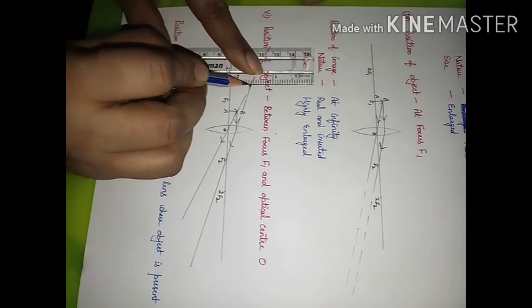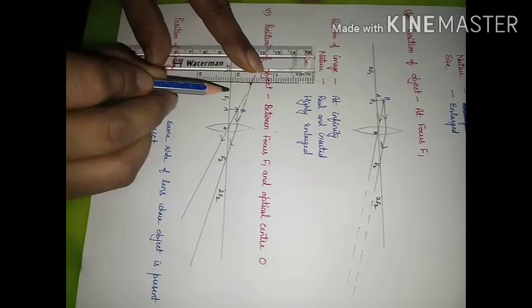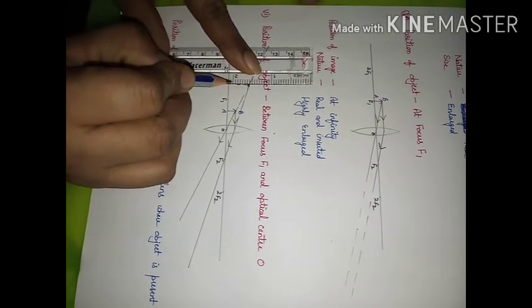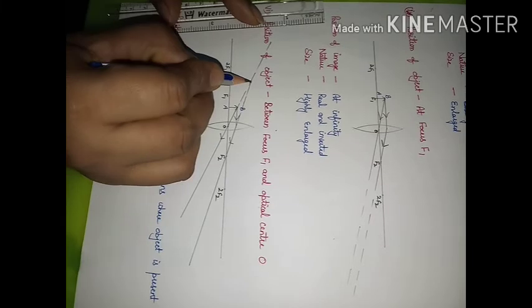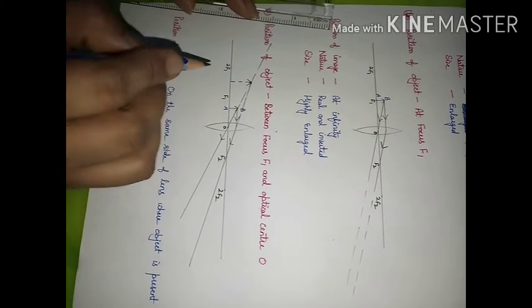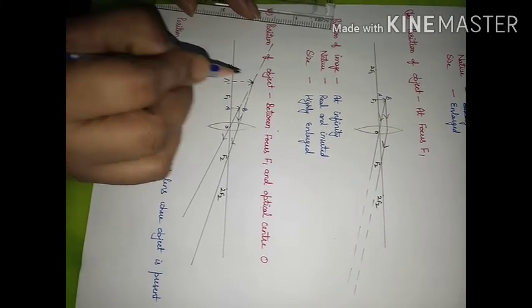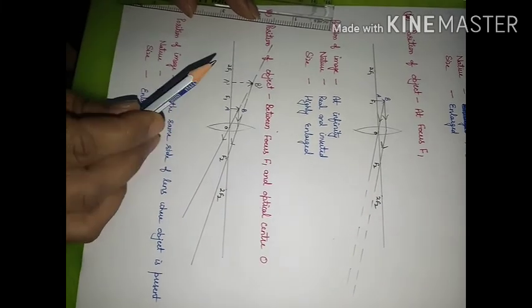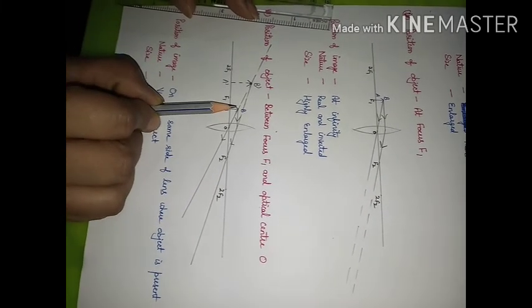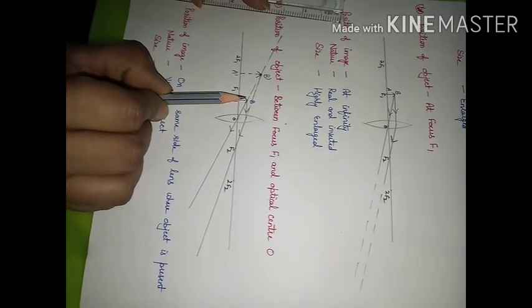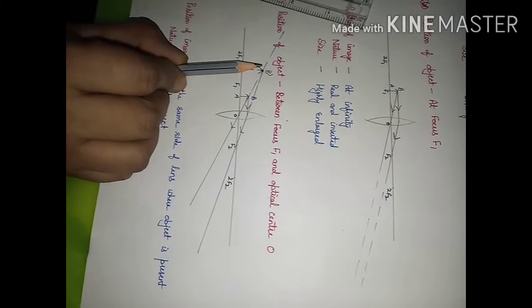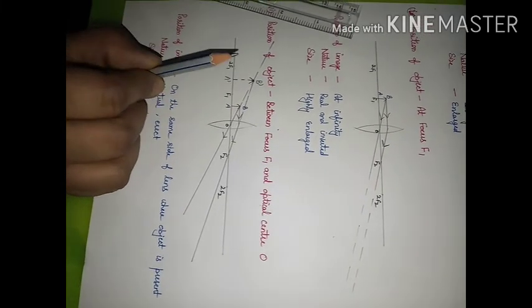So your image formation will not be real because actual intersection of rays is not taking place. So at this point you will draw dotted line like this. This is AB, object is AB, image will be A dash, B dash, and if you keep pencil like this, then erect and virtual image will be there, and enlarged image you will be able to see at this point.